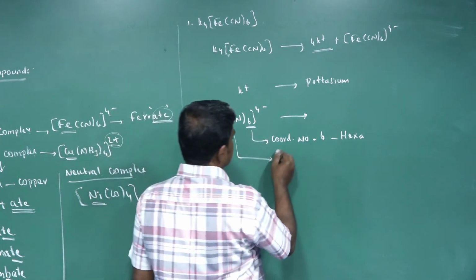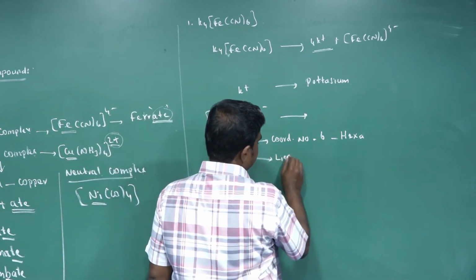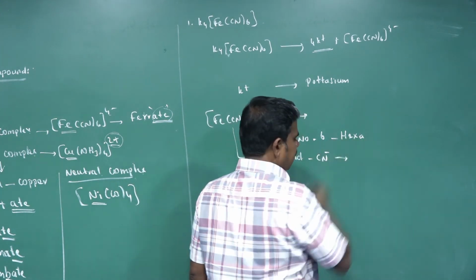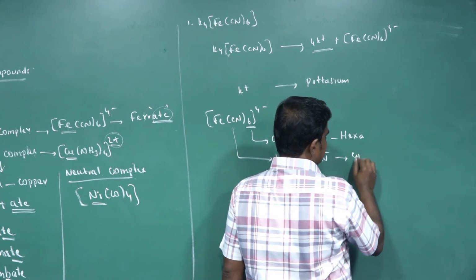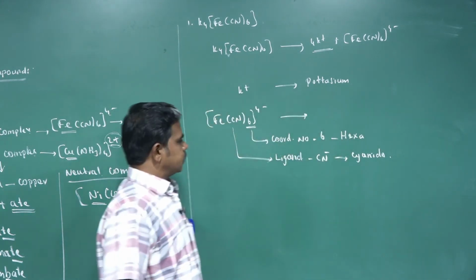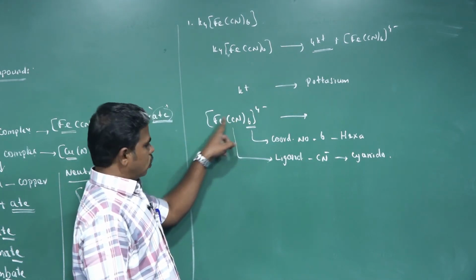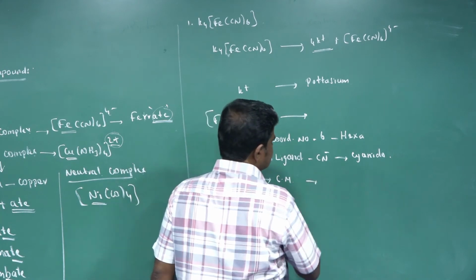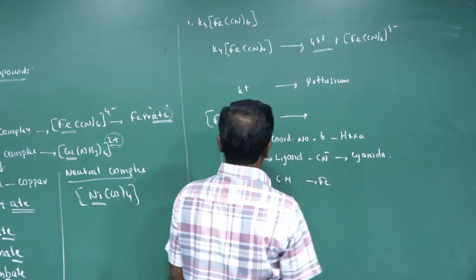Here the ligand is CN-, so we name it cyanido. So hexacyanido. After that we name the central metal atom, Fe.